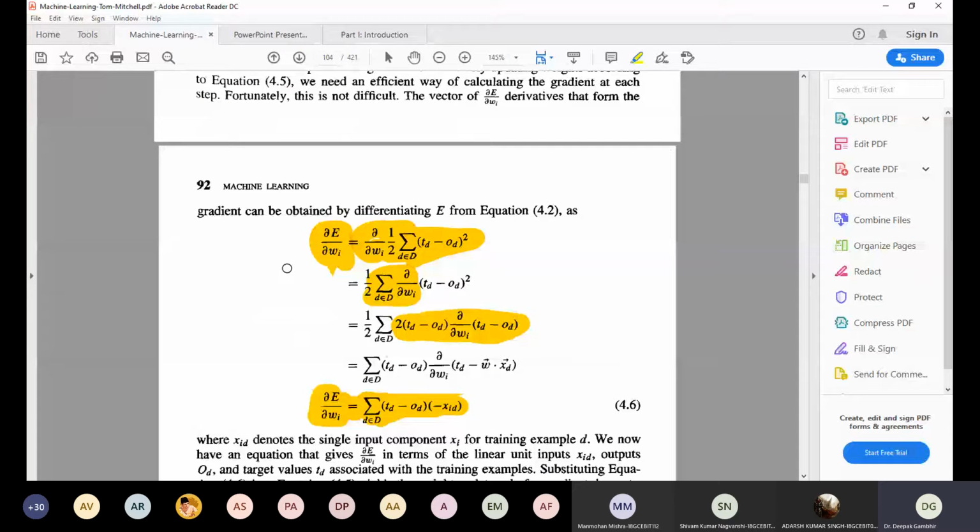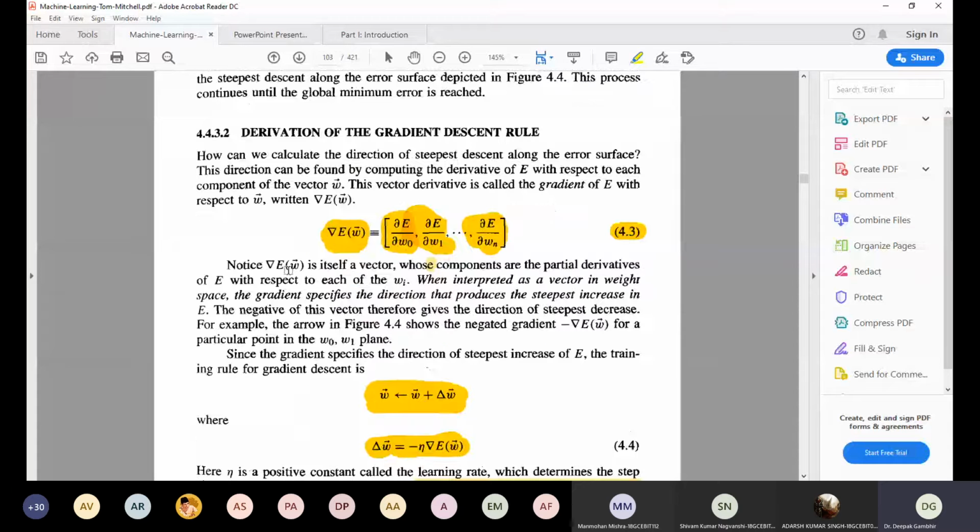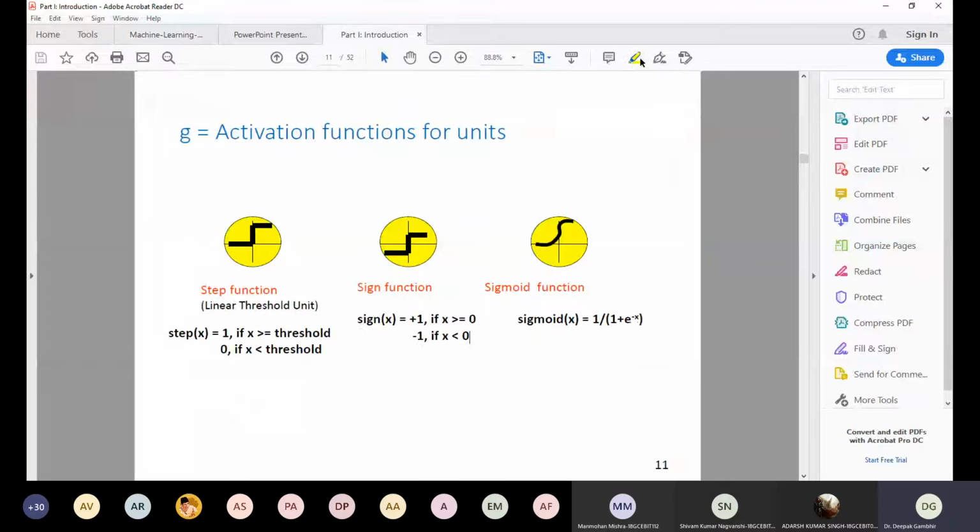So please remember these things, because these things are very clearly asked in your examinations, that sine function is for plus 1 to minus 1 and sigmoid function is for 0 to 1. You can see even in the figure here, the figure shows minus 1 to 1 and this figure shows 0 to 1.